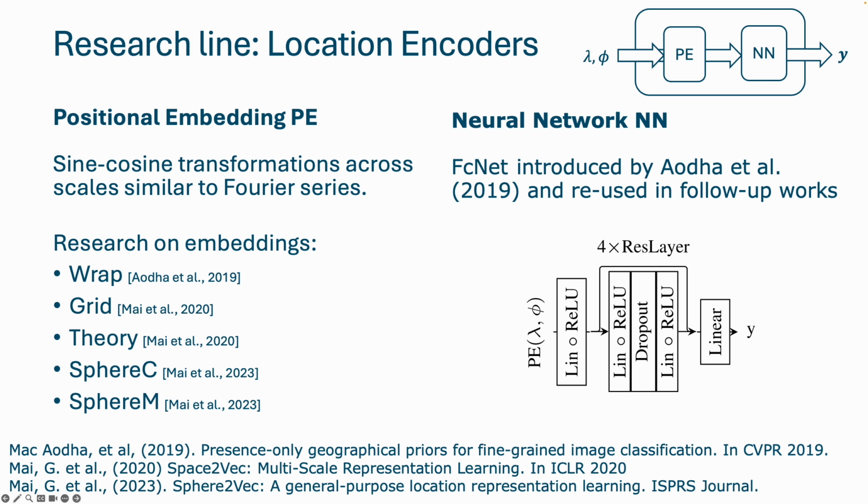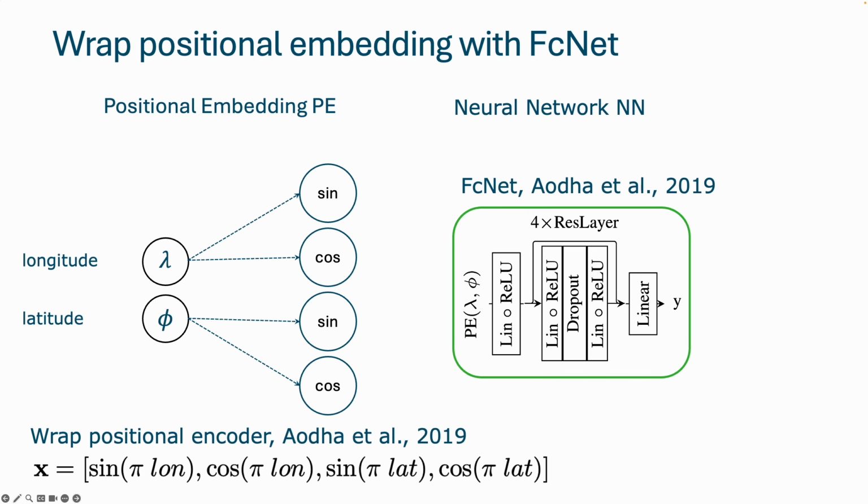But let's stay on the positional embedding and follow this research line of different positional embeddings. In one initial paper from Oisin Mac Aodha, he addressed one problem. It was kind of a heuristic idea: if you put the coordinates longitude and latitude directly into a neural network, you get a problem at the date line, because the longitude jumps from minus 180 to plus 180.